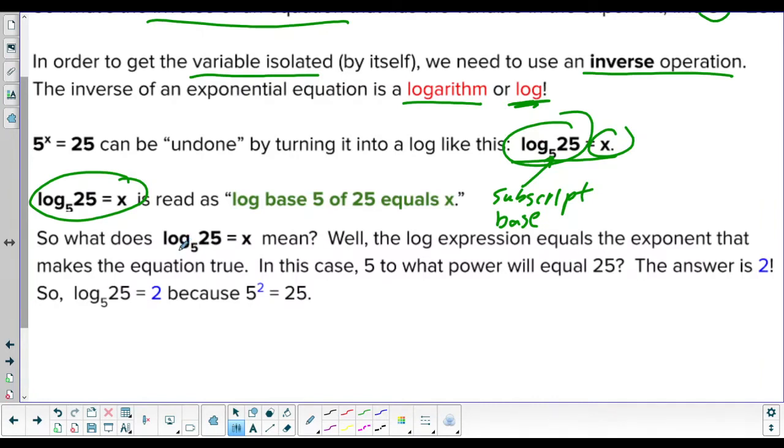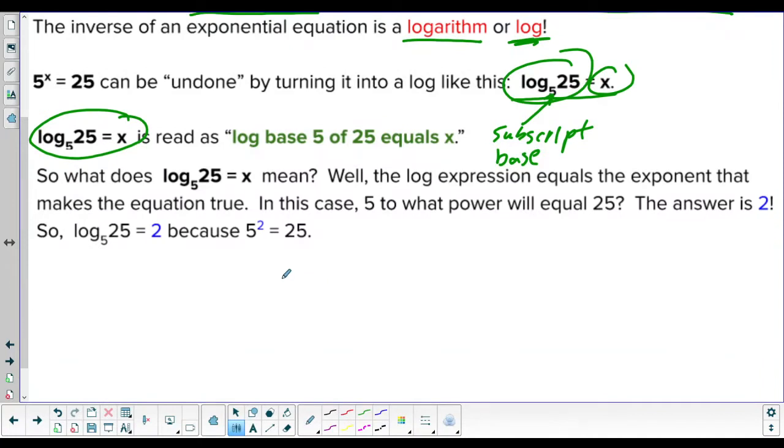So what does log base 5 of 25 equals x mean? What this means is the log expression equals the exponent that makes the equation true.